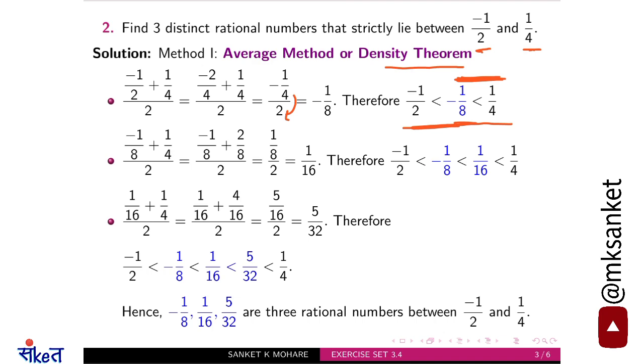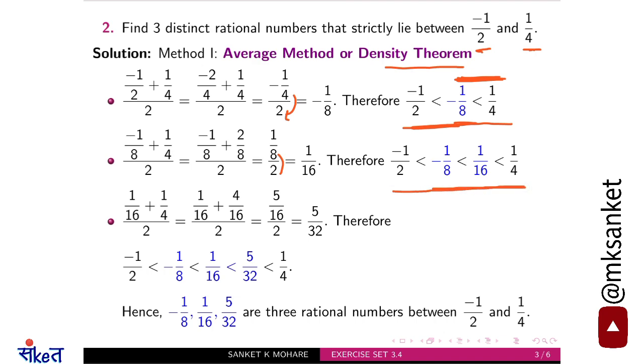Then negative 1 by 8 plus 1 by 4, upon 2. The LCM of 4 and 8 is 8, so negative 1 by 8 plus 2 by 8, upon 2. 2 minus 1 is 1, so 1 by 8 upon 2. Now 8 into 2 is 16, which is equal to 1 by 16. We got this number: negative 1 by 8 less than 1 by 16 less than 1 by 4. So this is the second inequality we got.